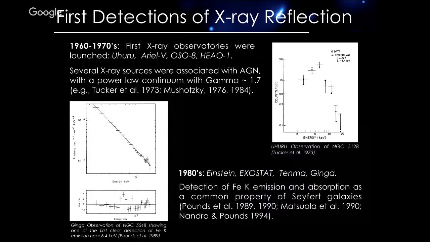So after all this development, after Giacconi's discovery, many other observatories were launched, either by rockets, as I'm saying, sounding rockets that are suborbital flights, or balloons that can go high above the atmosphere such that you can actually detect X-rays.